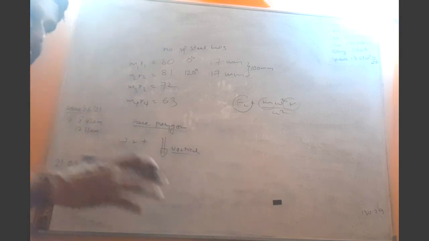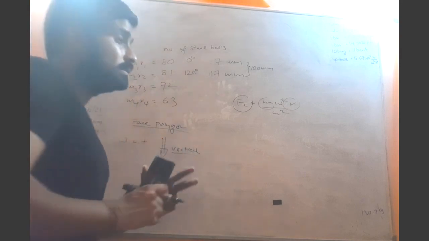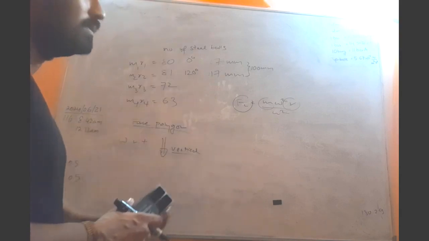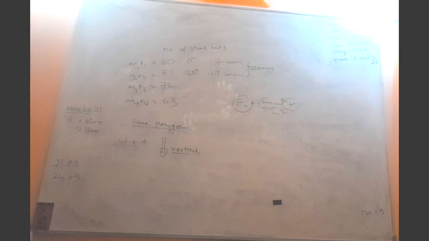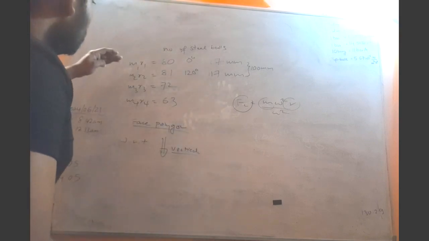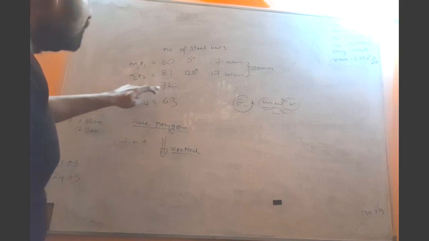The other thing that we have already obtained by balancing, here I am not going to explain the procedure. After balancing the bucket, we have obtained the required number of steel balls for the first, second, third and fourth mass: 80, 81, 72 and 63.